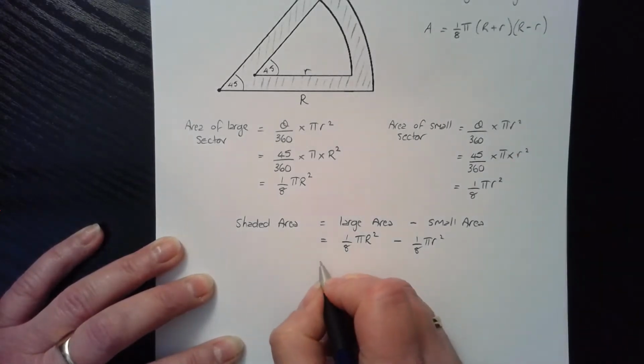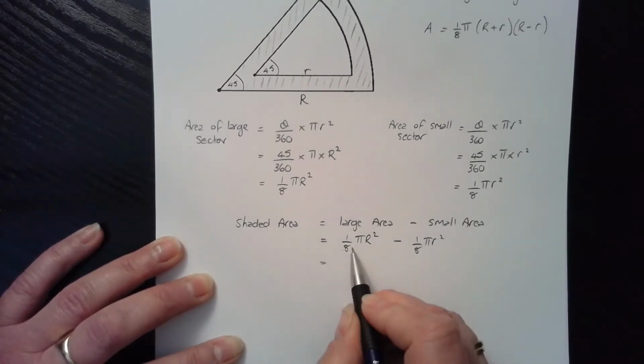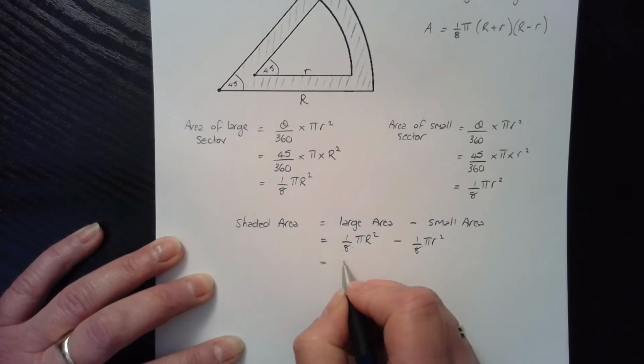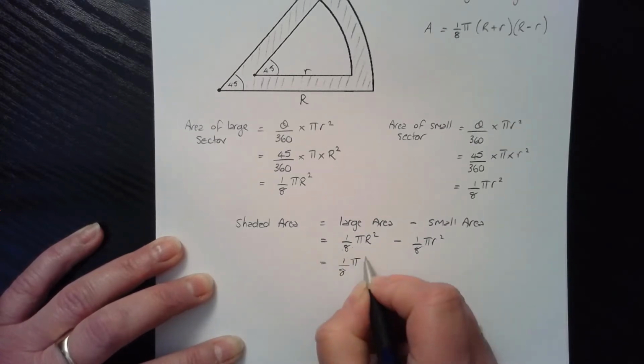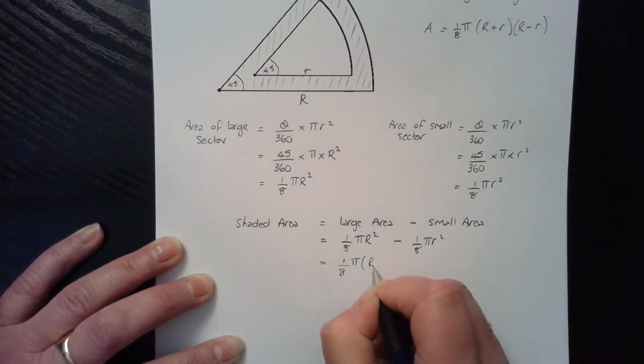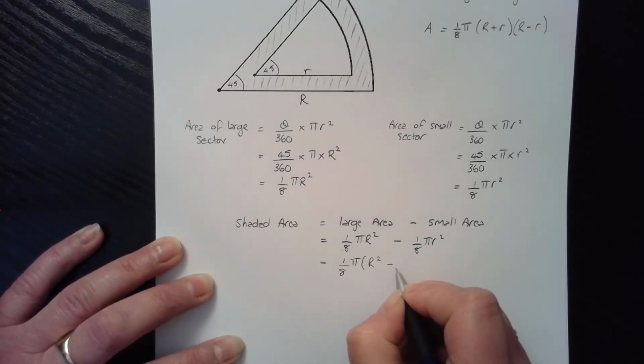But I can see I have got a common factor of 1/8 pi in both of these parts. So I'm going to factorise it, taking out a common factor of 1/8 pi, which leaves me with 1/8 pi brackets big R squared minus little r squared.